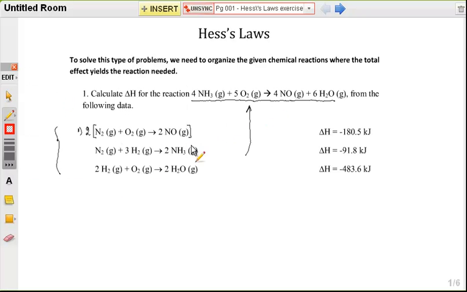Then we'll see what happens with water. We got 6 molecules of water, and in my third reaction, we got only 2 molecules of water, and it is on the product side. So the reaction is okay, but the amounts are not. So we have to multiply this one by 3.